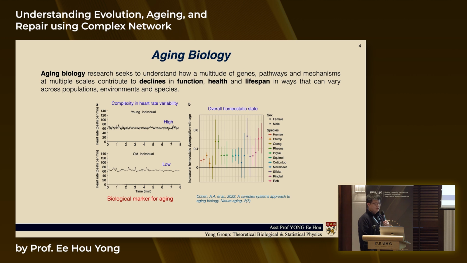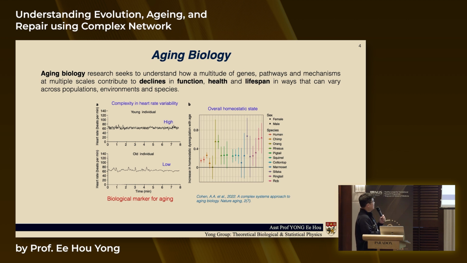I'm more of a physics background, but if we read papers, particularly from the biology side, you see how they describe aging, right? Typically they think about decline in function, in health, and lifespan. For example, in this Nature Aging paper, you can have biomarkers like heart rate variability.